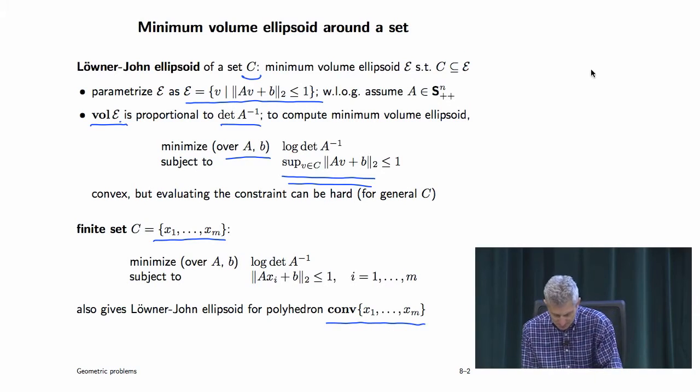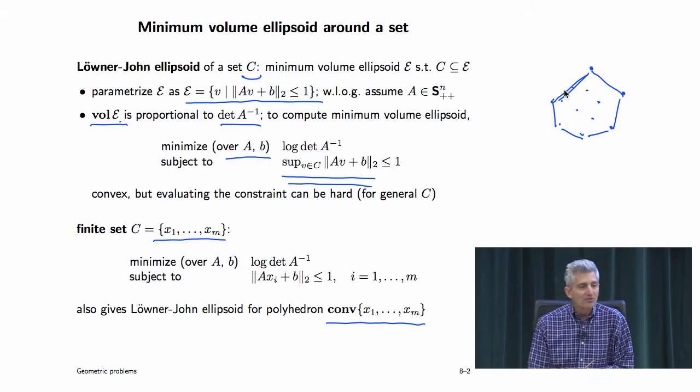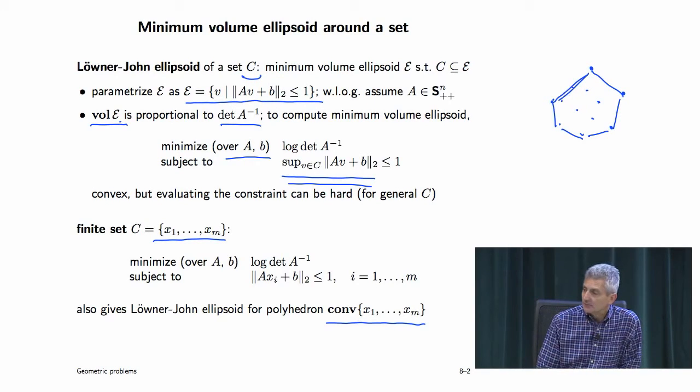So what that says is, if I give you a bunch of points like this, and you take the convex hull, right? Then computing the minimum volume ellipsoid that covers that is an entirely tractable convex problem. Okay? So, by the way, these things are not obvious here. So, for example, I could give you a polyhedron described as the convex hull of a set of points, so I give you vertices.